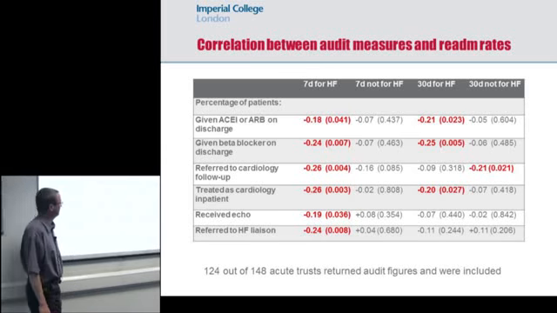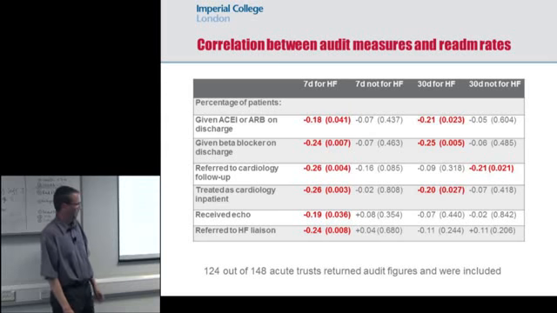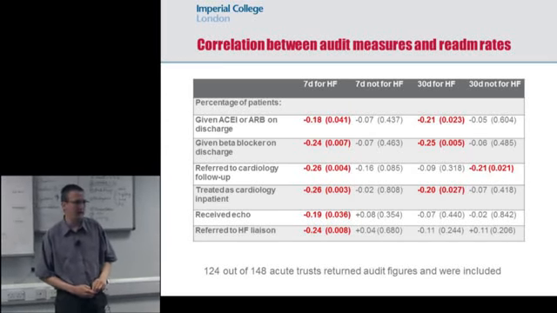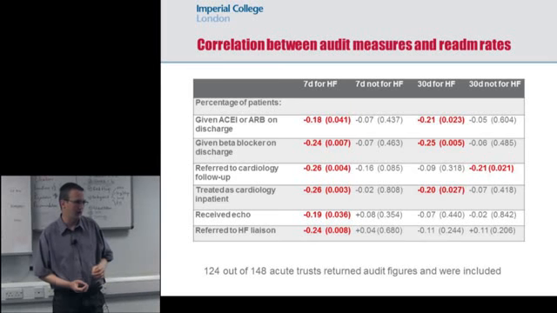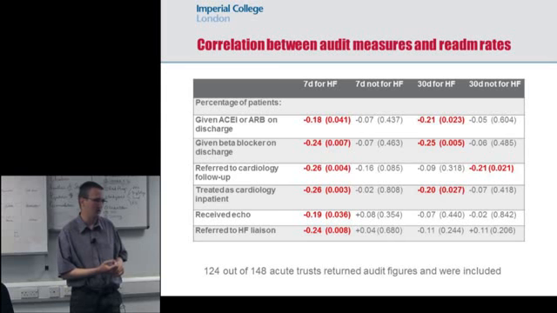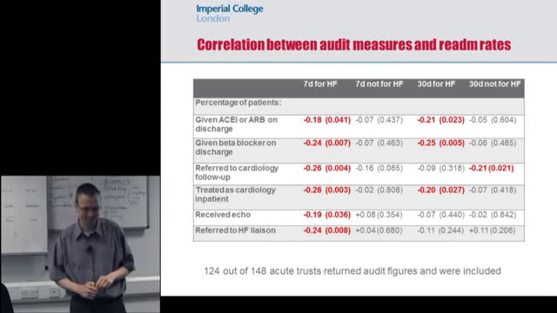Not much correlation, either at 7 or 30 days. So I wondered whether this is one reason why a number of studies have not been able to show relations between quality of care and readmission rates, because they tend to use just all-cause readmission rates, and this suggests that the pattern is actually quite different depending on the cause or the primary diagnosis of readmission.